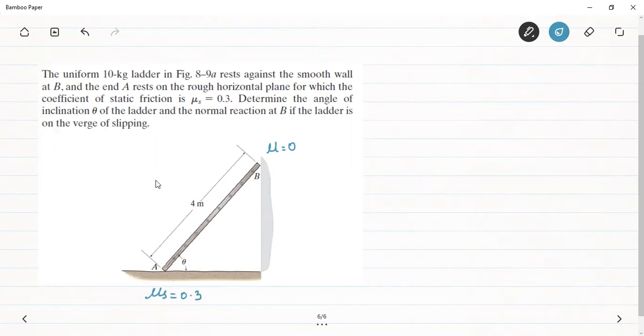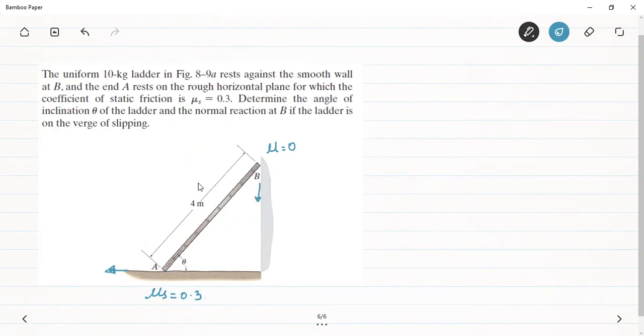Determine the angle of inclination of the ladder and the normal reaction at B if the ladder is on the verge of slipping. You can see that at this instant the ladder is just on the verge of slipping. That is, point A will go in the left direction and point B will move downwards, because it is at the verge of slipping.